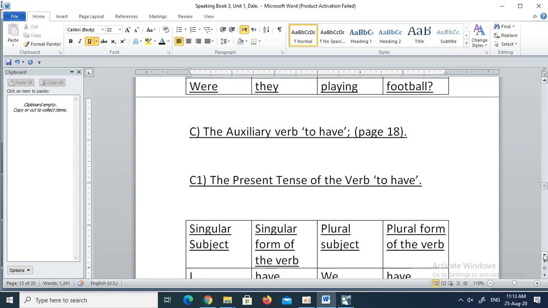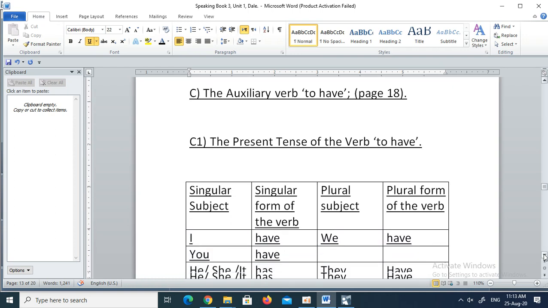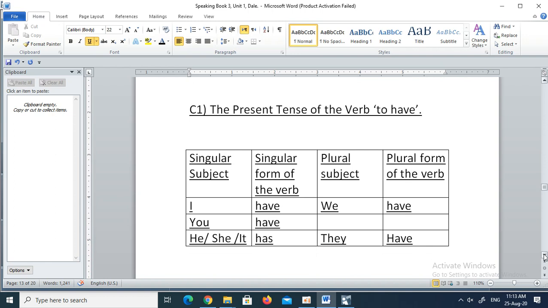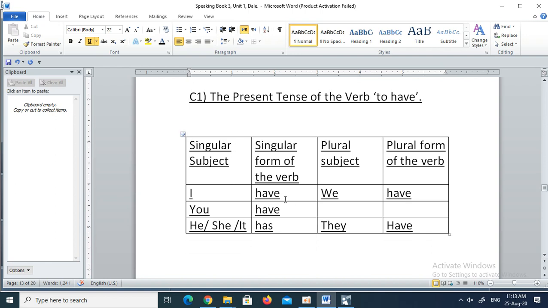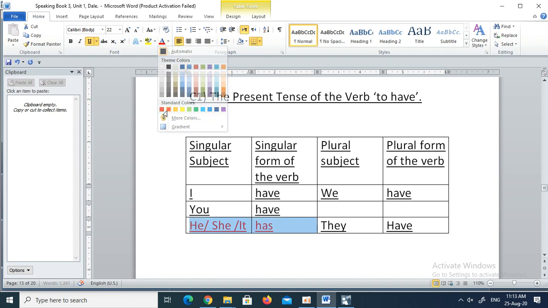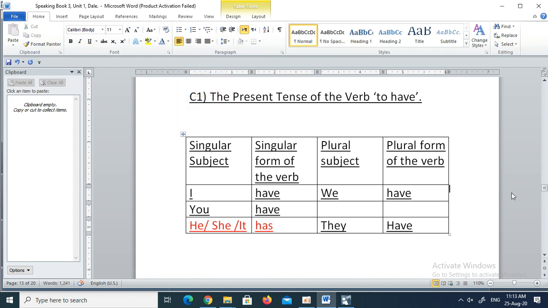All right, the last auxiliary verb we must cover today is the verb to have. In the present tense, the verb to have conjugates as follows. I have, you have, but he, she, or it has. We have and they have. So remember, there are only those two forms, have and has, and he, she, and it take the has form.